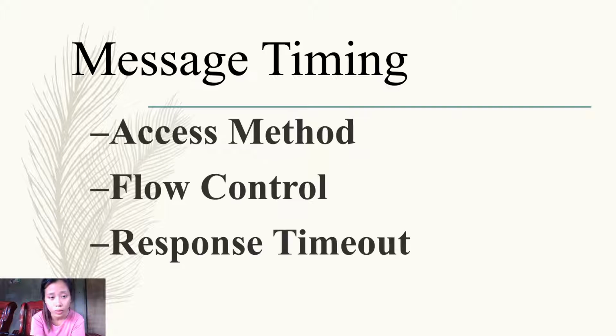For the next one, we have message timing. In message timing, we have the access method, flow control, and the response timeout. The access method determines when someone is able to send a message.